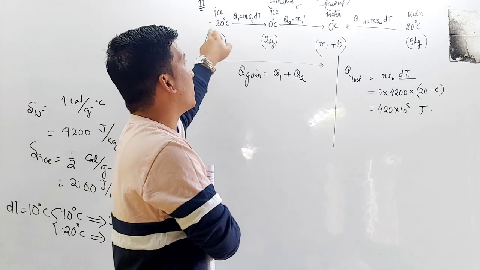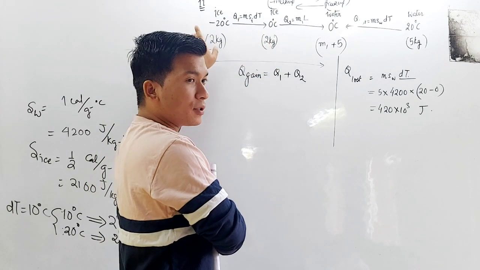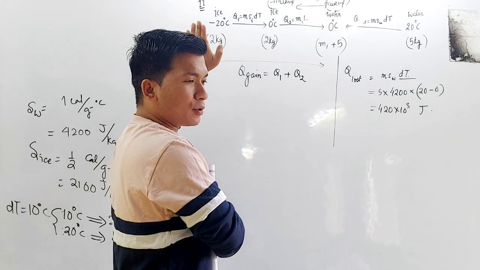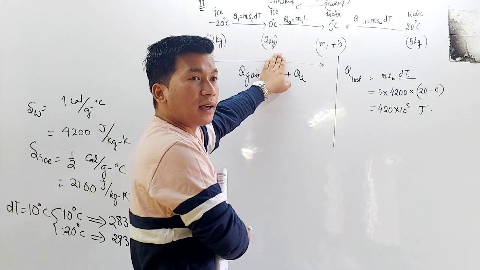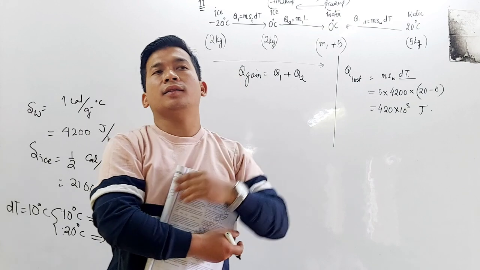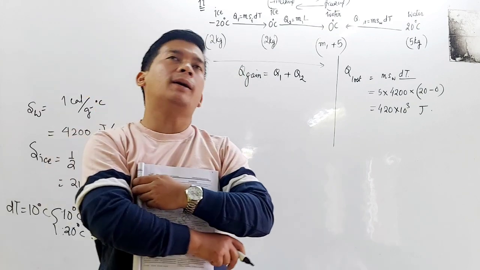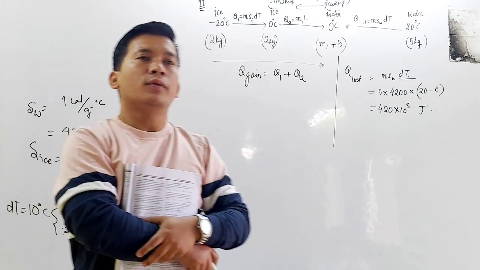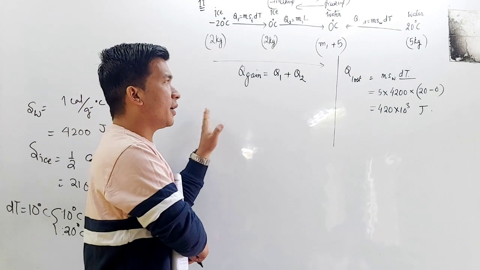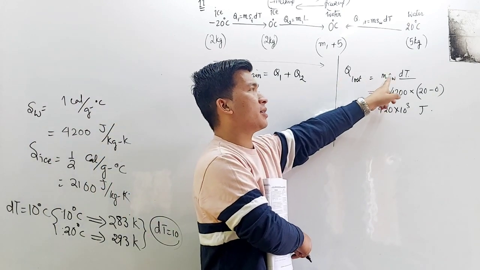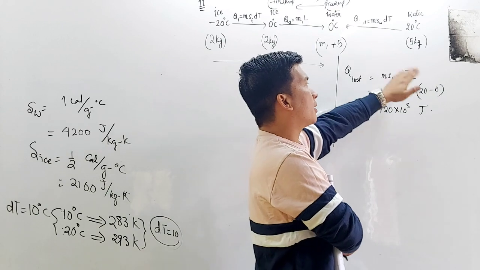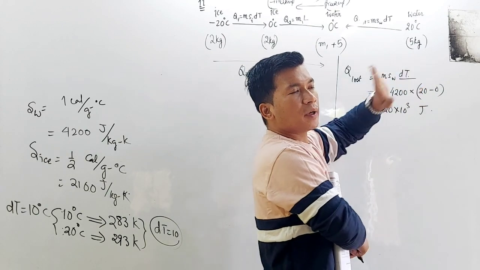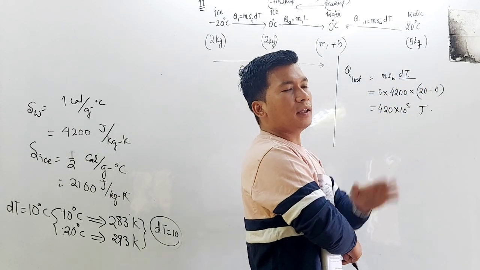Is there a state change? Ice is solid, and at minus 20 degree it is still solid. Without a change of state, we apply the heat expression m s delta T.